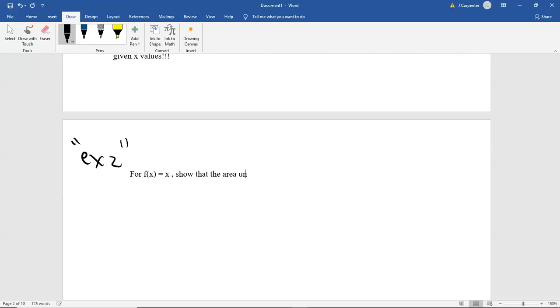Show that the area under the curve, again, curve in quotes basically, from 0 to 4 agrees with its integration.